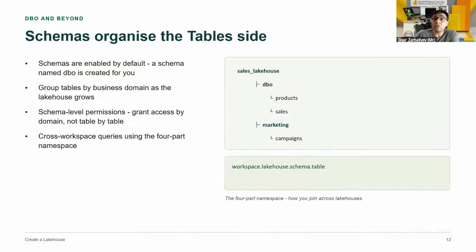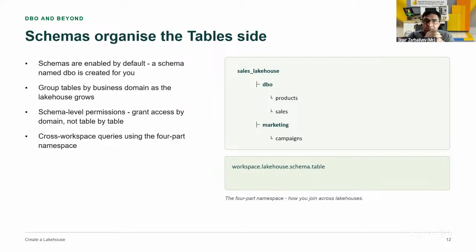One more thing about the table side before we go underneath it. When you create a lakehouse, schemas are enabled by default, and a schema called dbo is created automatically. If you have come from SQL Server, that name will be familiar, and it means exactly what you would expect. What schemas buy you is organization.